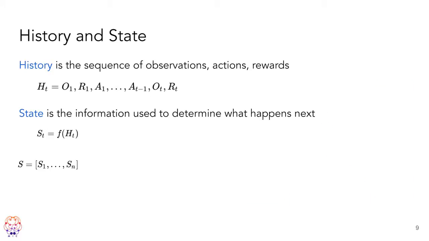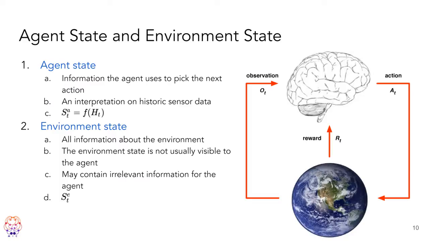All right. So now we move on to history and state. So history is just the definition of the word. It records everything that happened. And what happens is the observations, rewards, and actions. And then our state is a function of history. So a state encodes everything that's needed, anything that's useful to determine what would happen next. And surprisingly, or unsurprisingly, we have a state in our own minds.